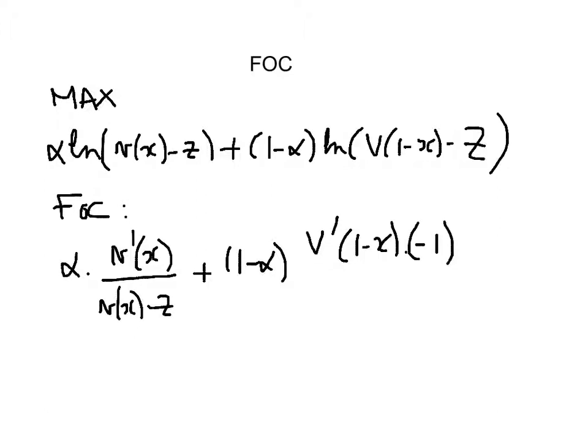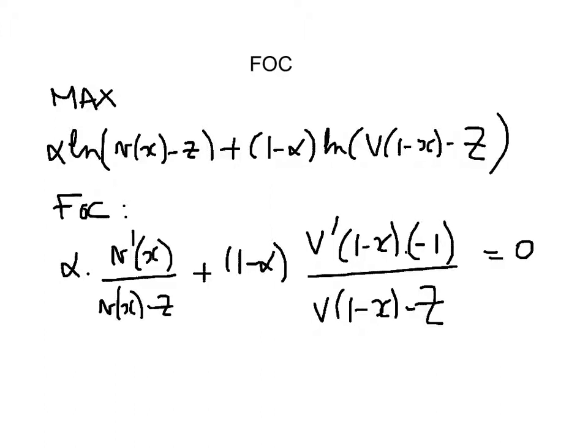Why? Because of the chain rule: V is not defined over x, it's defined over a function of x, being 1 minus x. So I take the derivative of that, z falls out, and this is divided by this. Okay, this must be equal to 0.